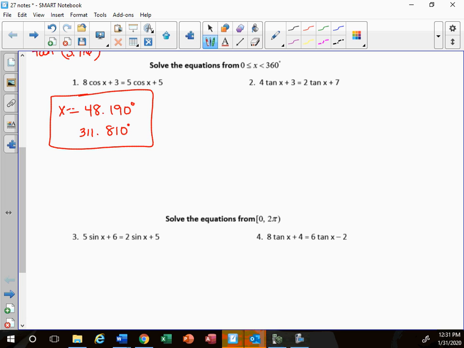Tangents are going to look a little weird, so try 2, and we'll see how you do.